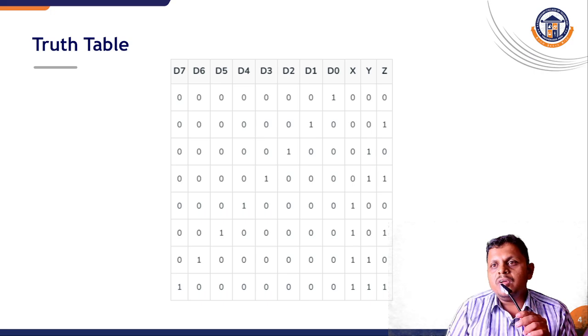For example, d4 is 1 for x, and also d5, d6 and d7 are 1. So these are all the x representations, and we add those values together.